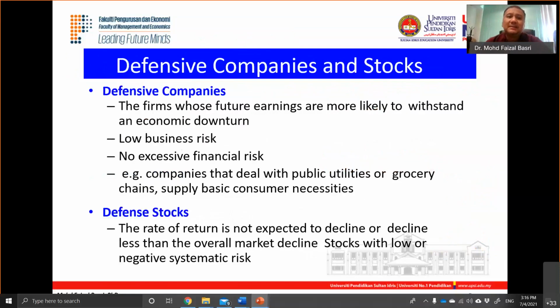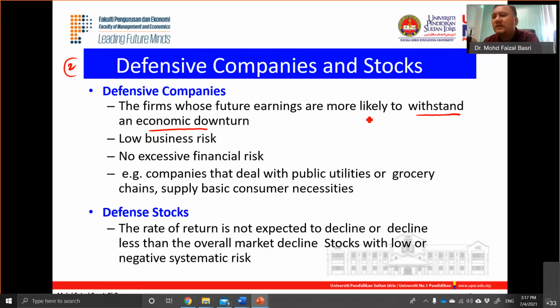The second one is defensive companies. This type of company, their performance usually can withstand the economic downturn.